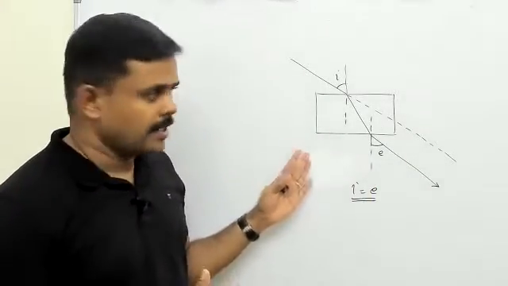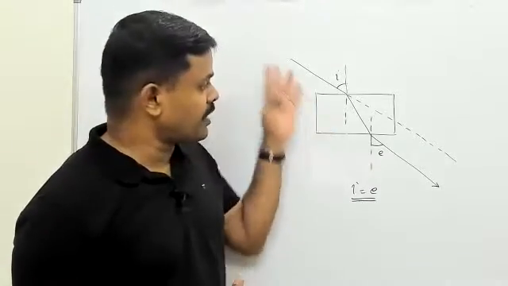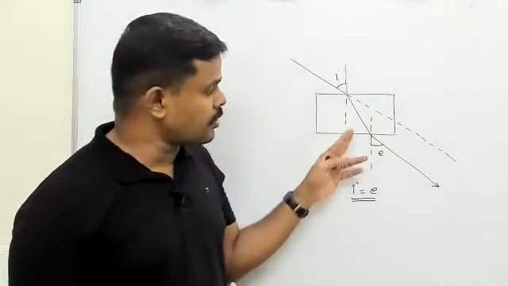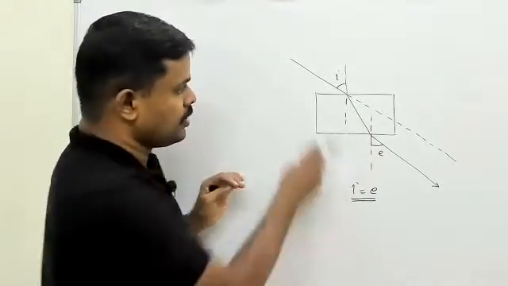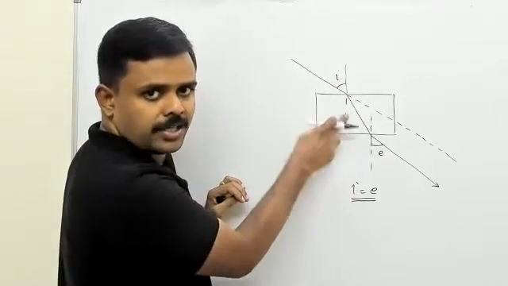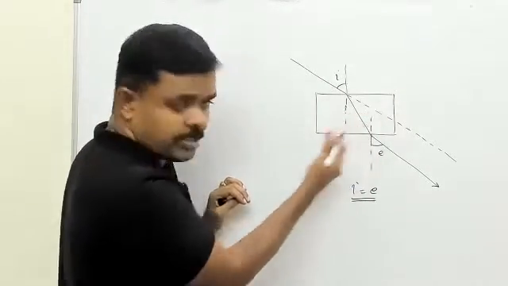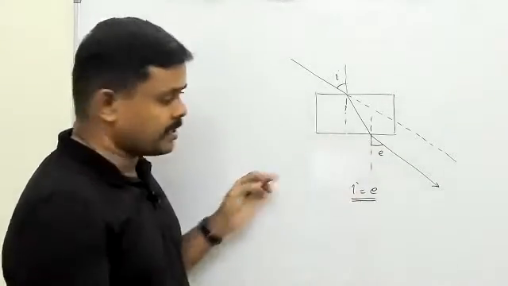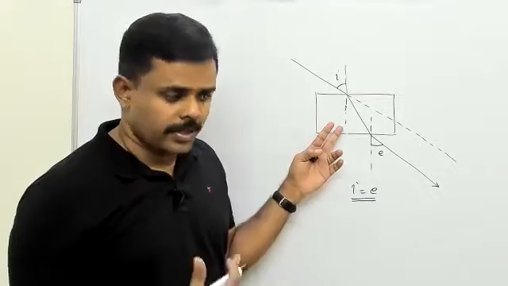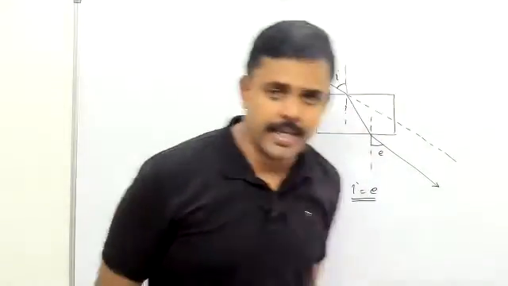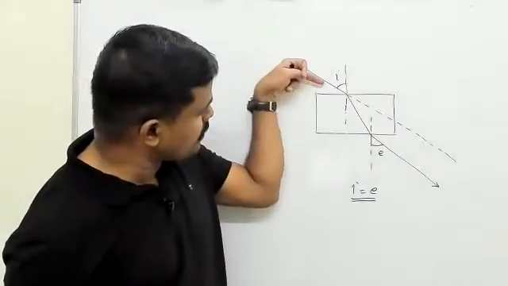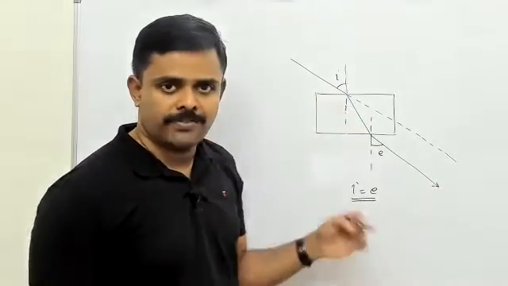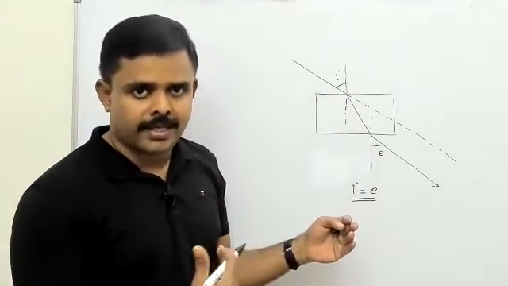I don't have time. Anyway, just know that if a ray of light falls on a transparent surface, it undergoes two bendings before emerging. It is entering from air to glass, so it bends towards the normal. Then upon falling on the second surface, it bends one more time, but this time it is going from a denser medium to a rarer medium. First one is from air to glass, rarer to denser.